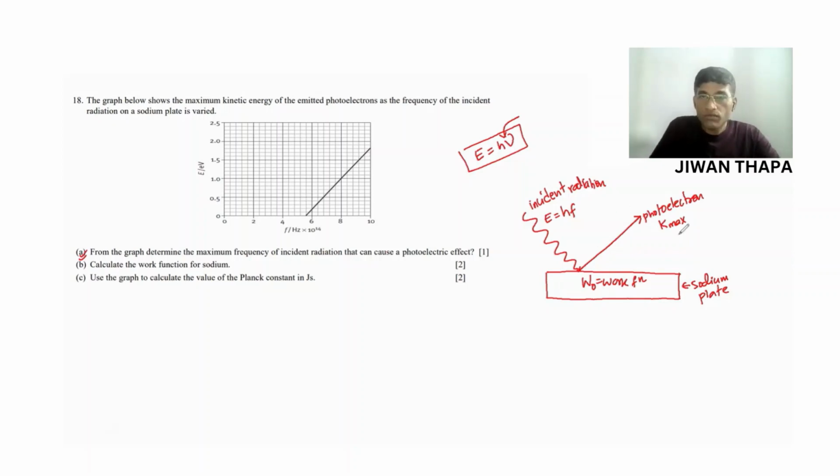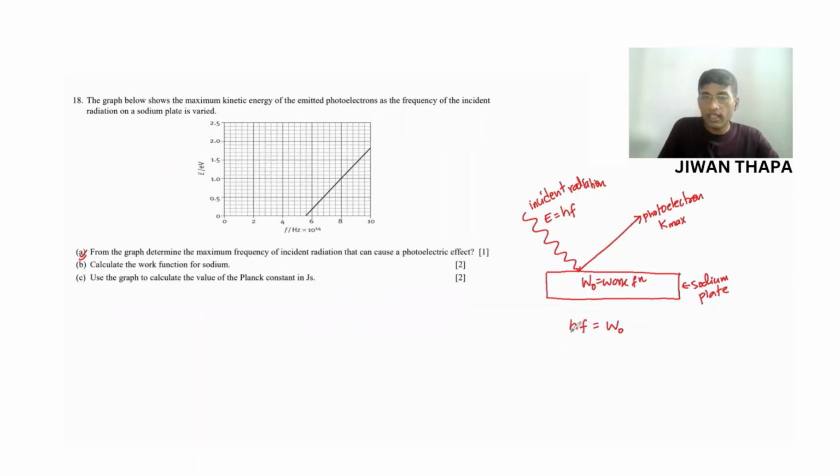Now what do we do? Let me write first the equation. The energy of incident radiation or photon is divided into work function and the maximum kinetic energy of the photoelectron.